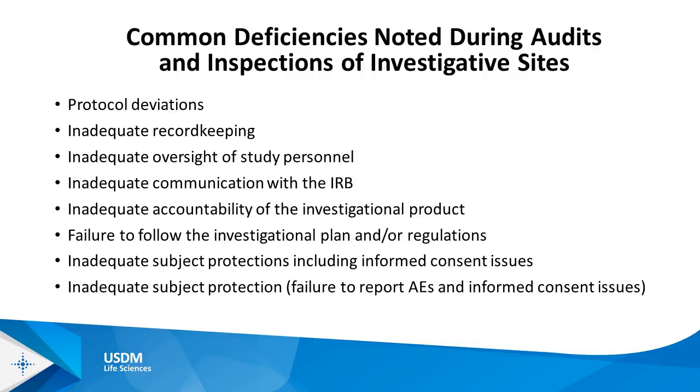Inadequate communication with the IRB. This can include filing and maintaining IRB approval for the current protocol, but also includes the submission of timely reports to the investigational authorities that are overseeing the particular trial for the investigative site.